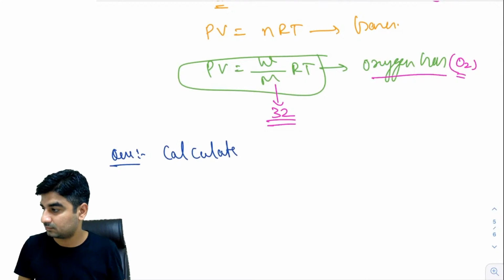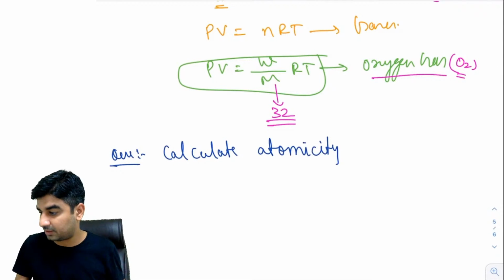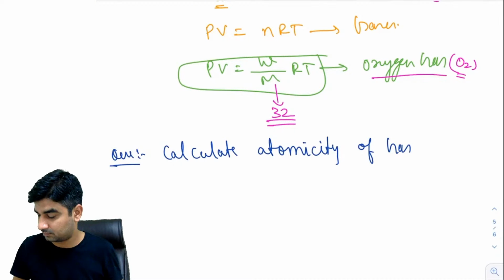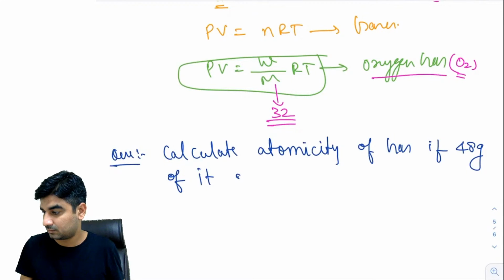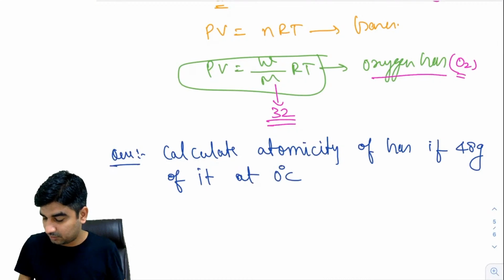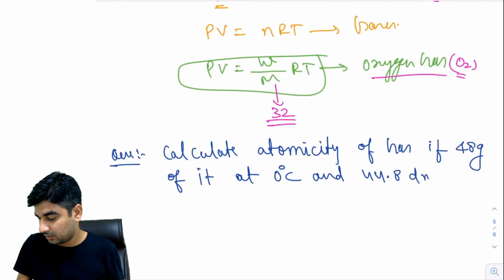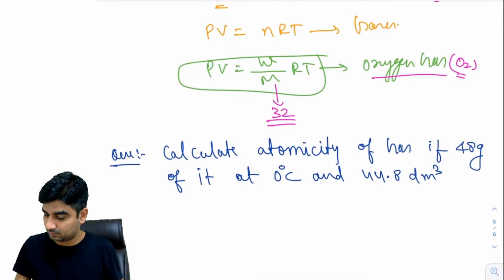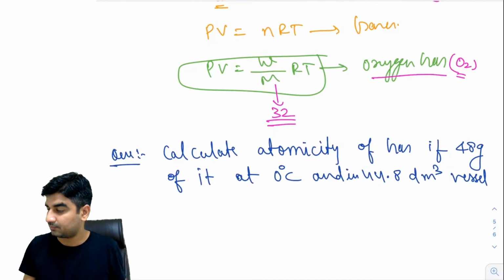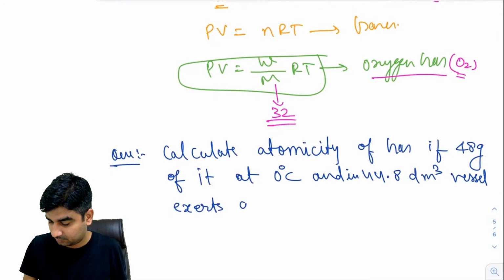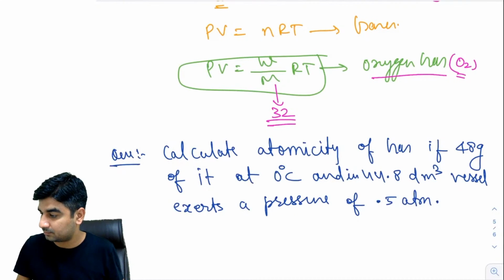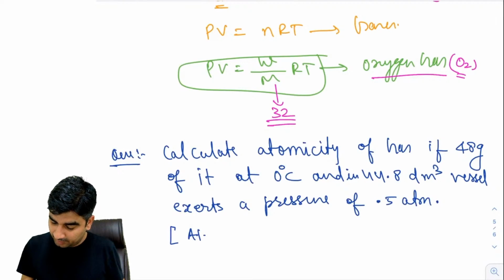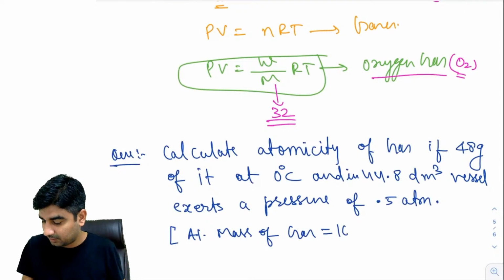Calculate atomicity of gas if 48 gram of it at 0 degree Celsius and 44.8 decimeter cube vessel exerts a pressure of 0.5 atm, and it is given atomic mass of gas is 16.